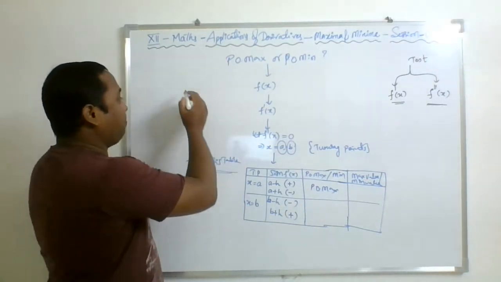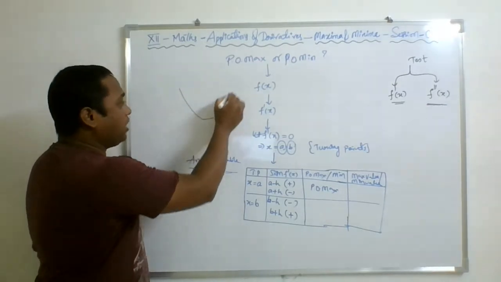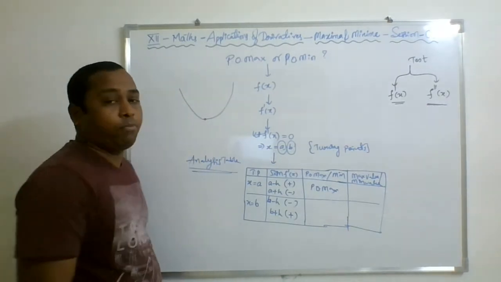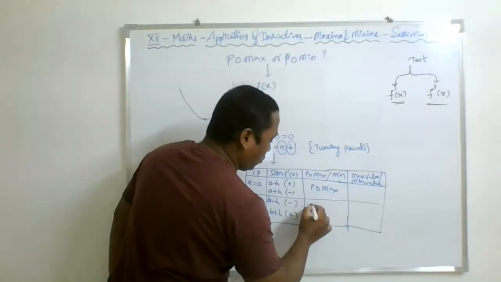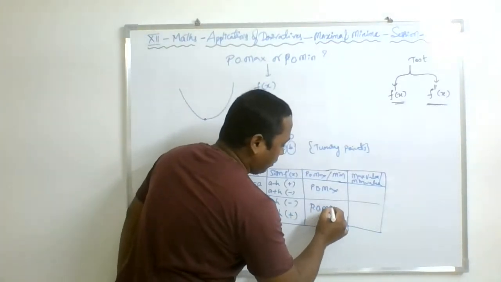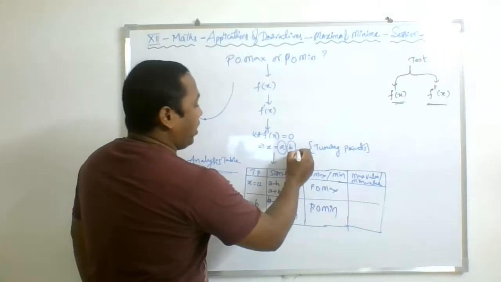Negative to positive means decreasing to increasing. Then this point is called the point of minima.